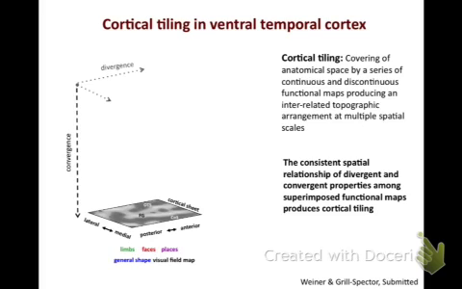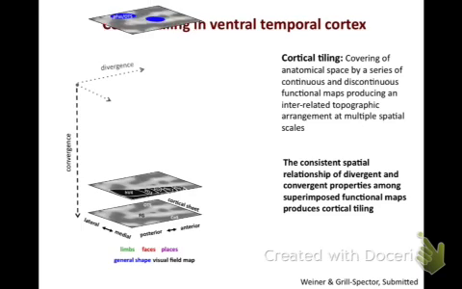And in fact, in a given region, you could have more than one kind of functional map. For example, you could have a map of face selectivity as well as a map of the visual field. And we think that the concept that best describes this organization is the concept of cortical tiling.